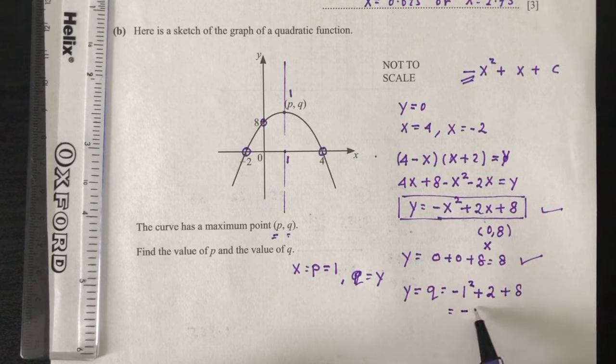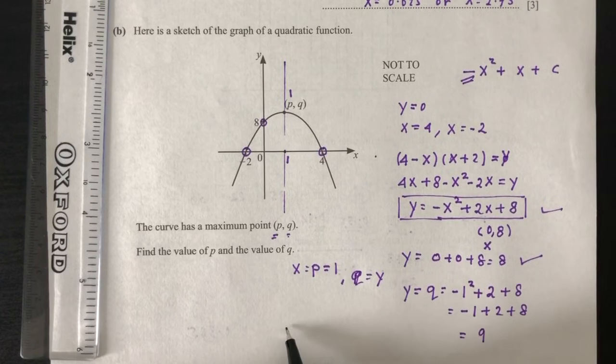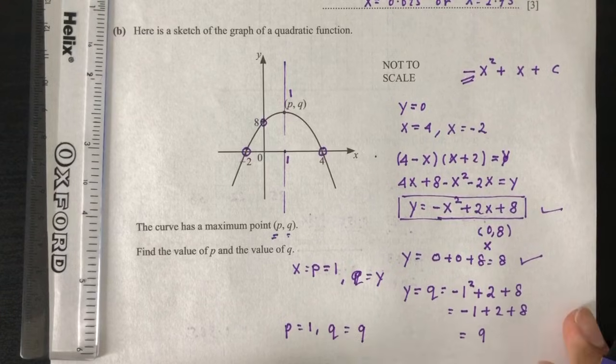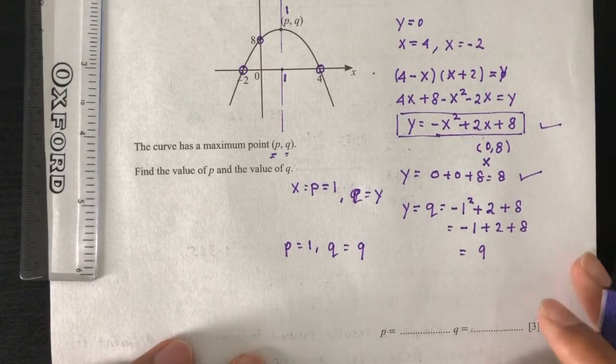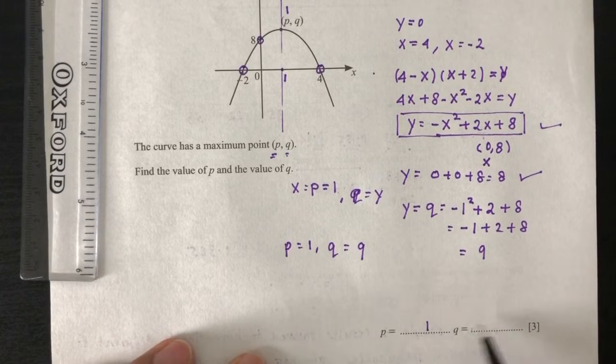That will be minus 1 plus 2 plus 8. That will be minus 1 plus 2 will be 1. That will be 9. So value of P is 1 and value of Q will be 9. So that is this question number 7. So P is 1, Q is 9.